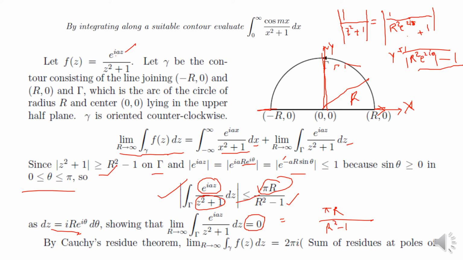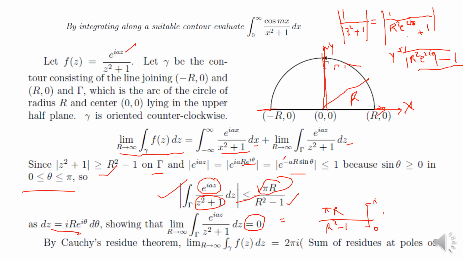upon r square minus 1, and in the integral we can take it outside because we are going to integrate in theta and it is not depending on theta, so this is constant.